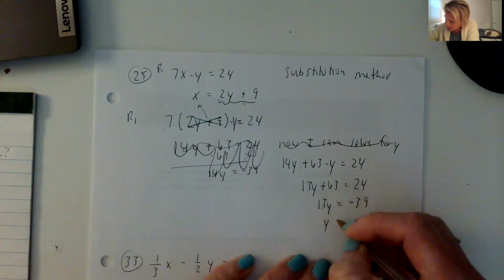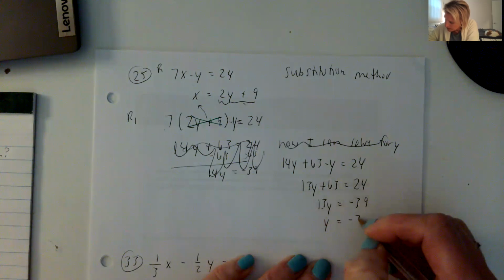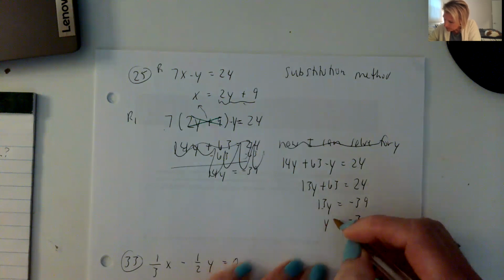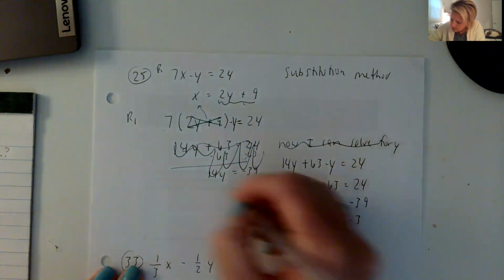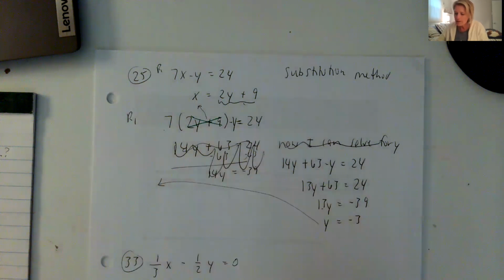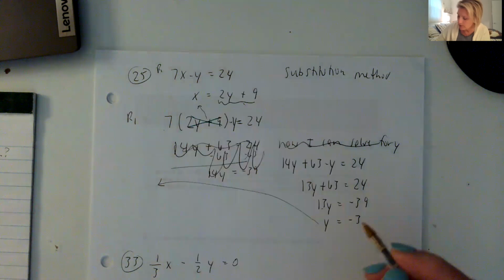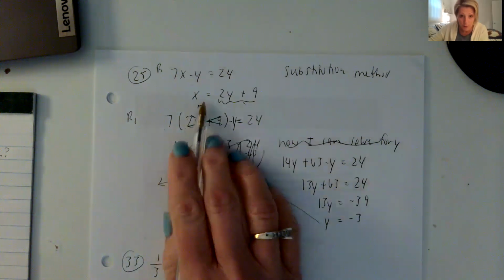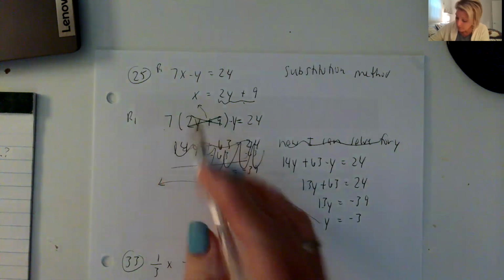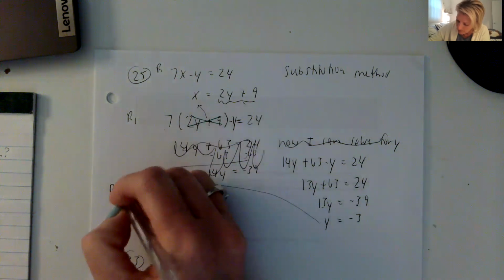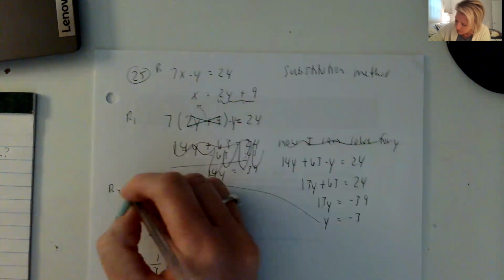Then when I divide by 13, I get y is negative 3. I can use either of my rows now to solve for x, but I'm going to use row 2 because it's already in that format to solve for x.